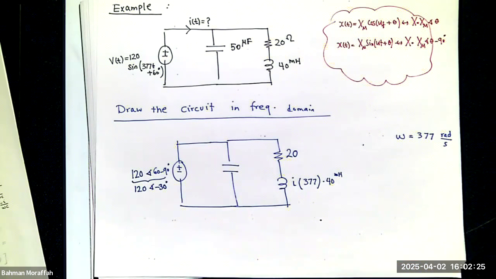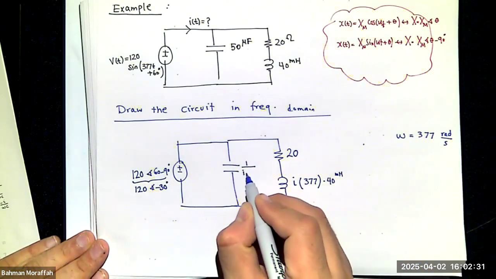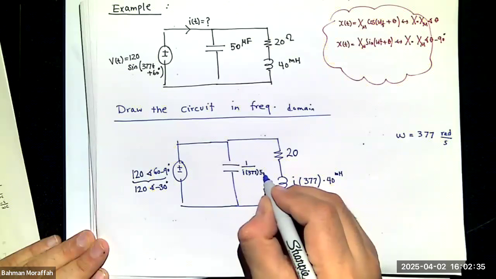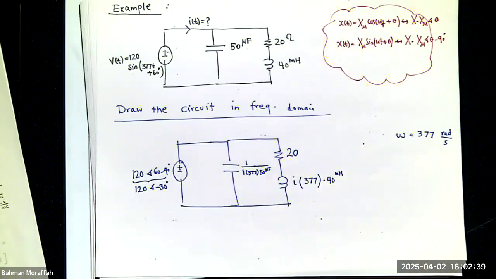It's 1 over j omega C. So it's 1 over j times 377 times C, which is 50 microfarad.